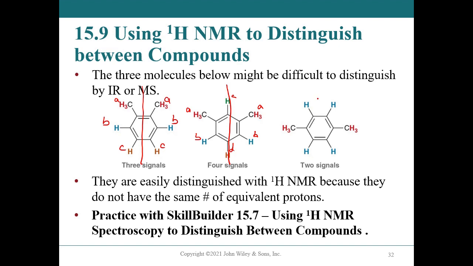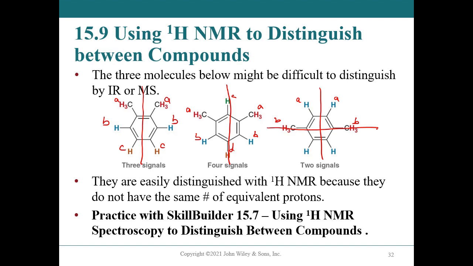And so, same thing here. AA, BB, but this one actually has one more axis of rotation or mirror plane, whatever you want to use. This down here. If we rotate around that axis, the top and the bottom can replace each other.